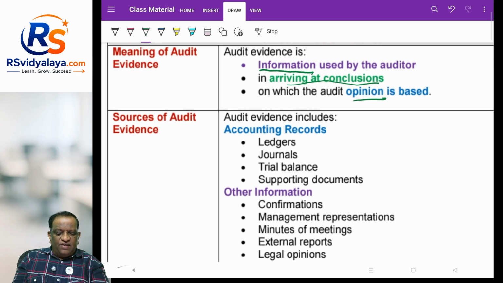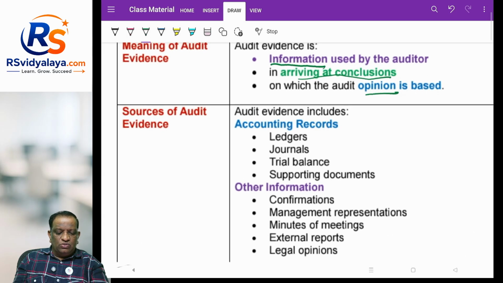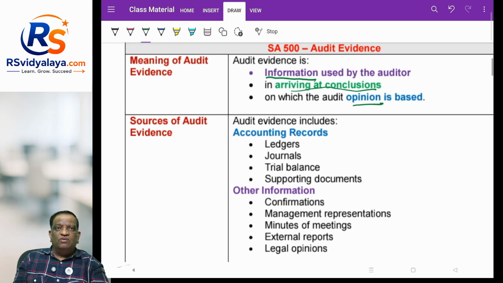Now, when this evidence is so important because of its effect on the opinion, then comes the question: where from do I get this audit evidence? Since we are finance professionals and we basically restrict our verification to the books of accounts, this question comes.